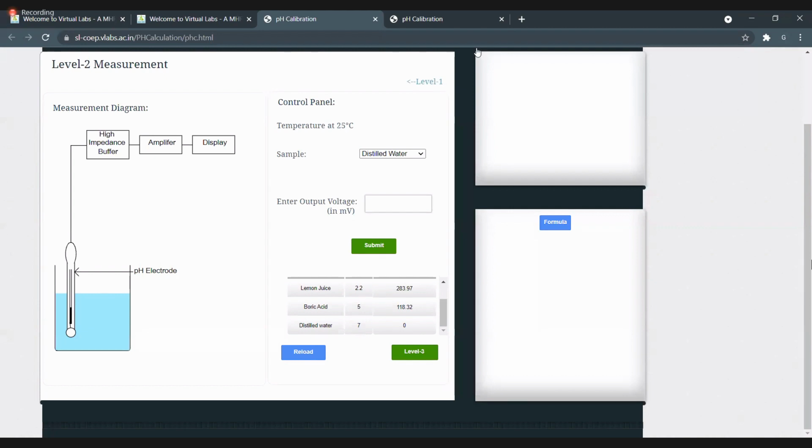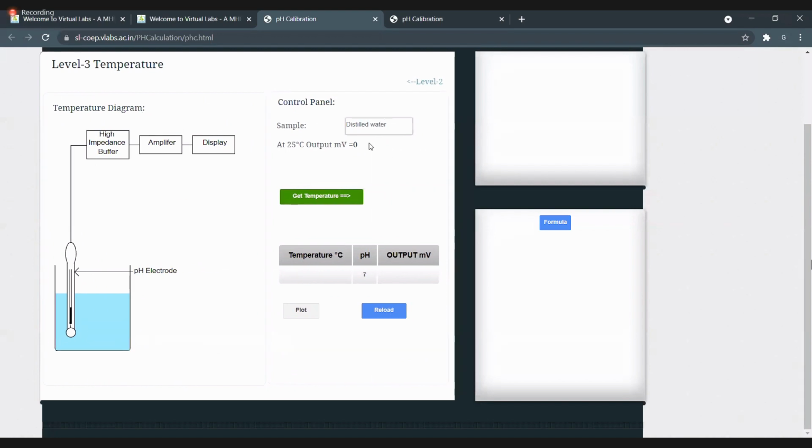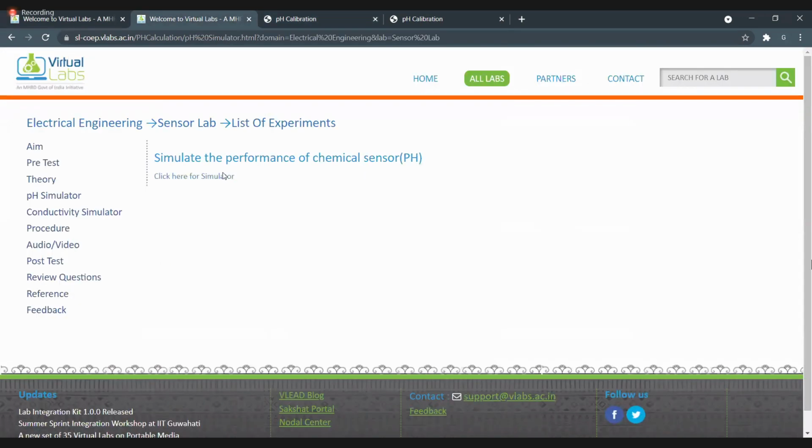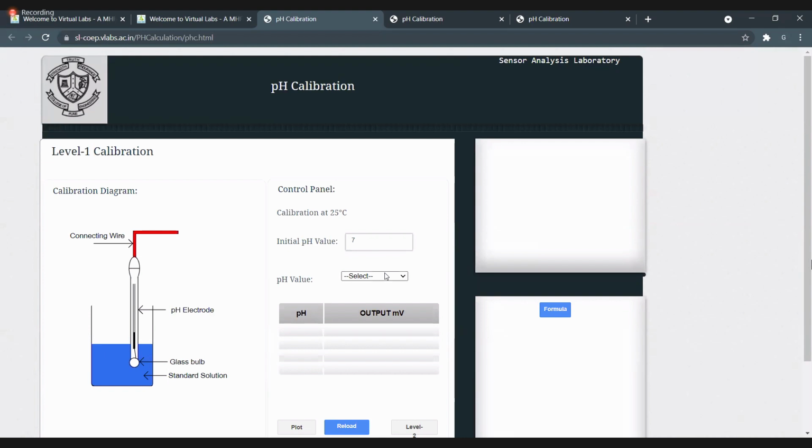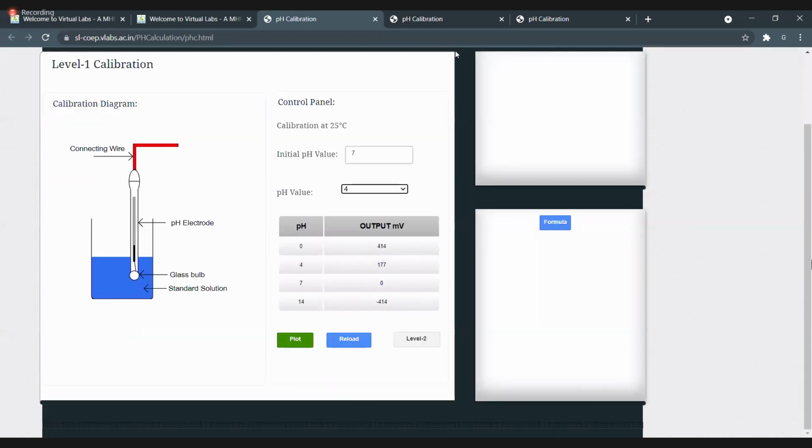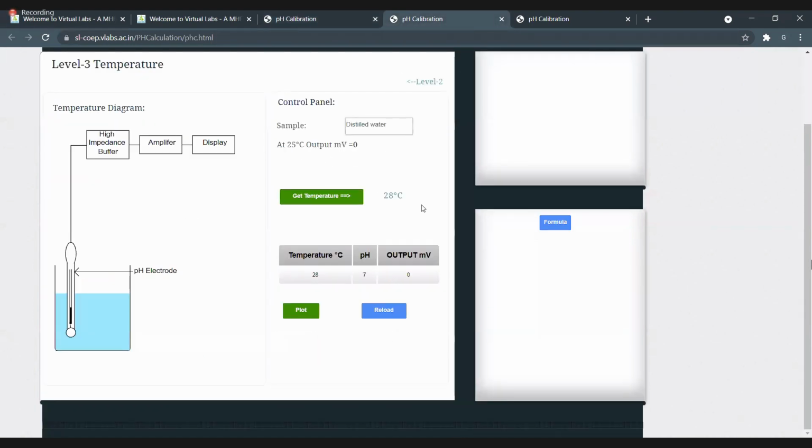Where shall I go to level 3? Yes. Okay. Where is the level 2 plot? Level 2, it didn't give any plots. Okay, right. Correct. Go to level 2. So this is level 3.